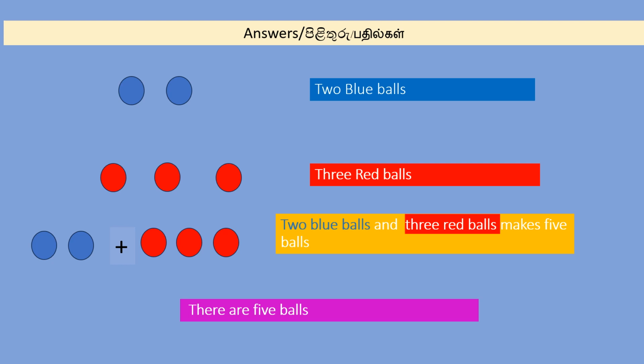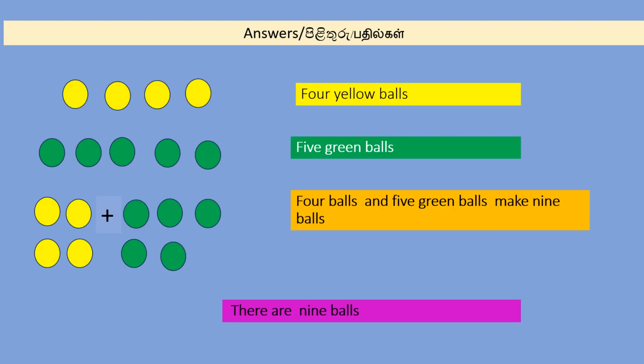There are 5 balls. Answers: 4 yellow balloons, 5 green balloons. 4 yellow balloons and 5 green balloons make 9 balloons. There are 9 balloons.